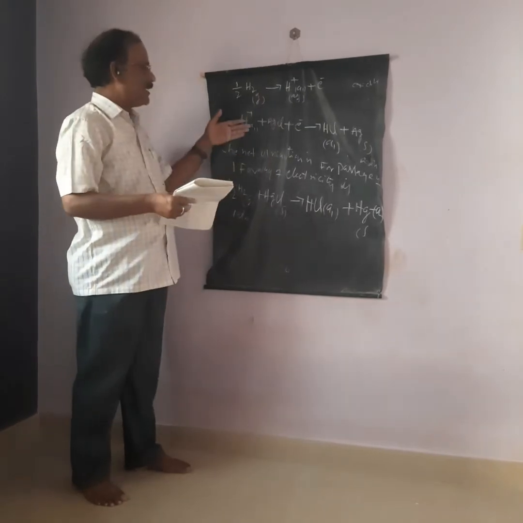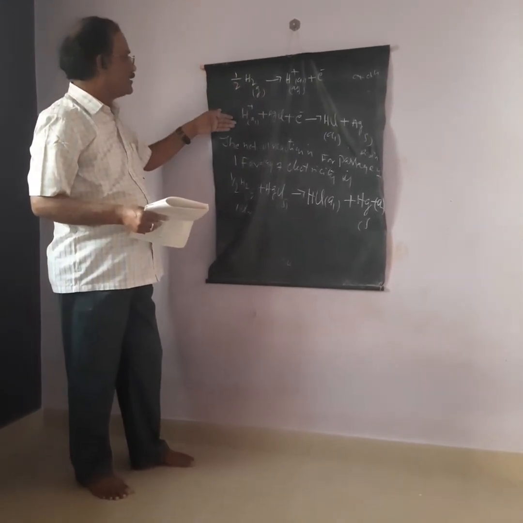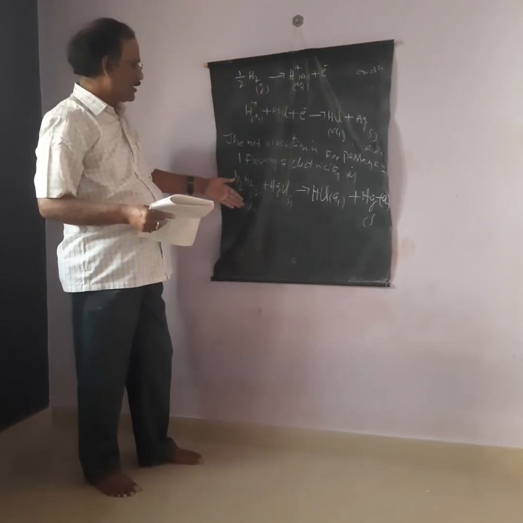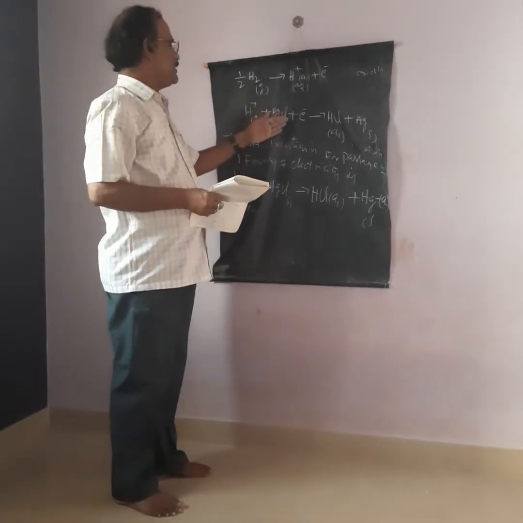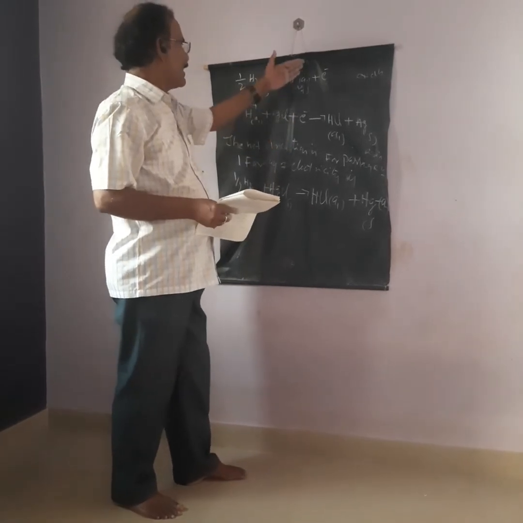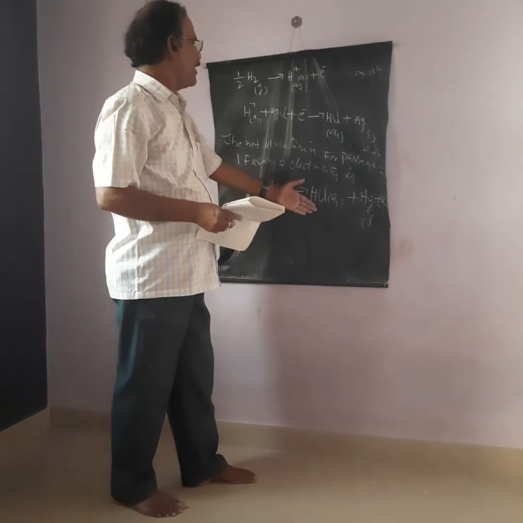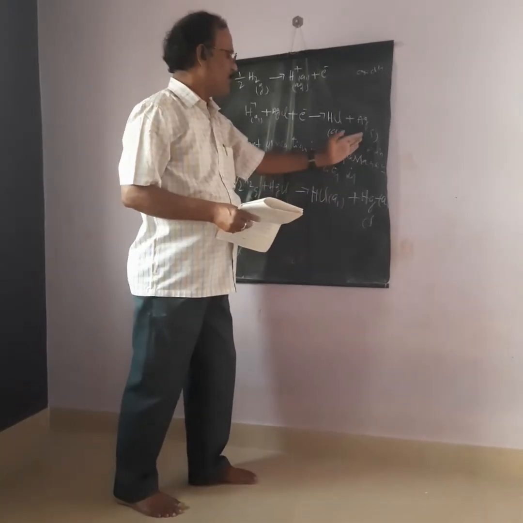That is, by adding both the oxidation and reduction equations, half H2 gas at 1 atmosphere plus AgCl solid gives rise to HCl at activity A1 and Ag solid.